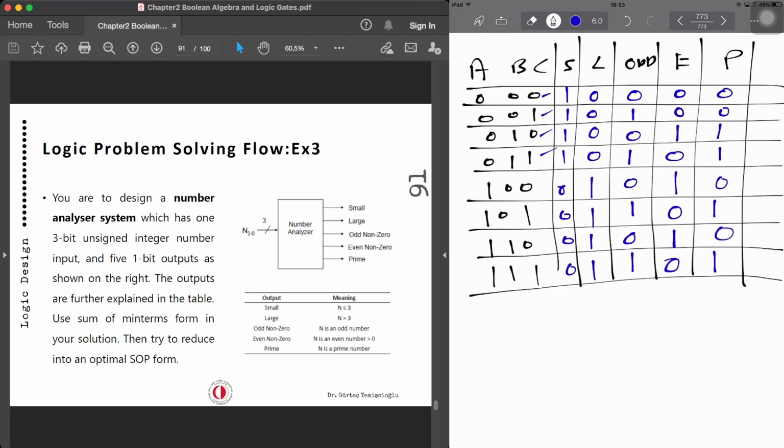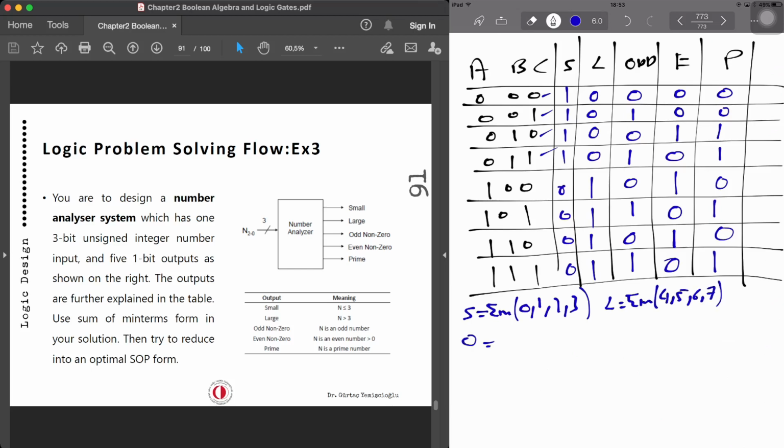So we have outputs for each of these: small, large, odd, even, and prime, and we can easily derive an expression for them, or the min terms. S is the sum of the min terms 0, 1, 2, 3. L has the min terms 4, 5, 6, and 7.